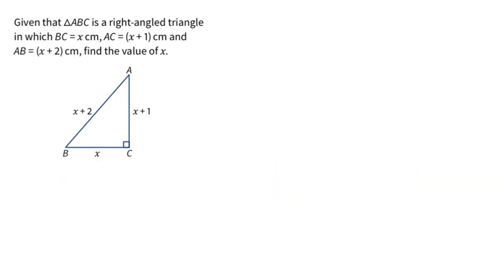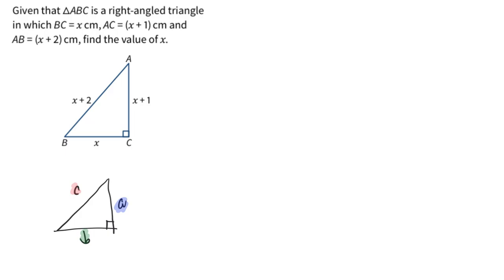Hello everyone, welcome to this video where we are given a right angle triangle. The very first thing that comes to my mind is that given any right angle triangle, if this is my A, B and this is my C, then when I color code it by Pythagoras theorem, A square plus B square will be equals to my C square.